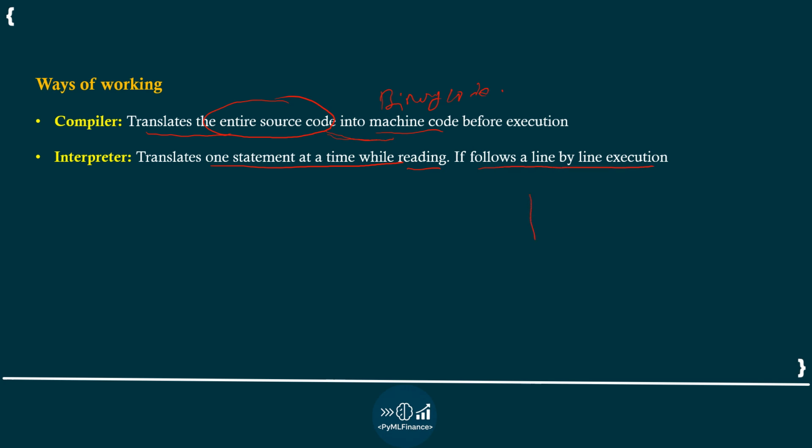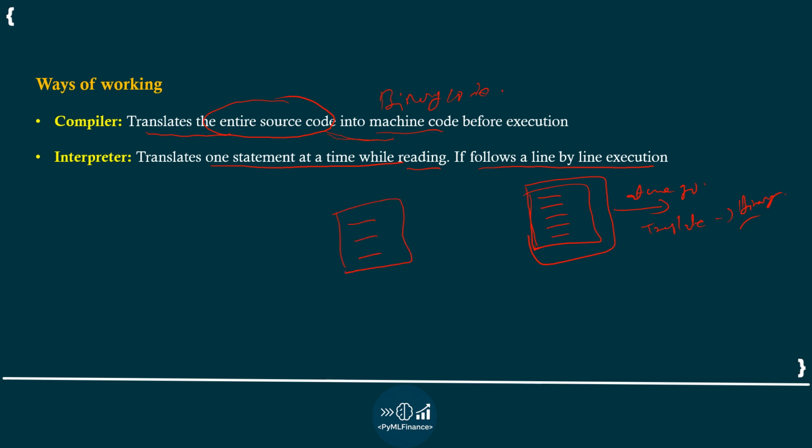Let's say you have source code written in multiple lines. The compiler will scan all this code in one go and then translate it to binary logic. Whereas the interpreter will read the code line by line.